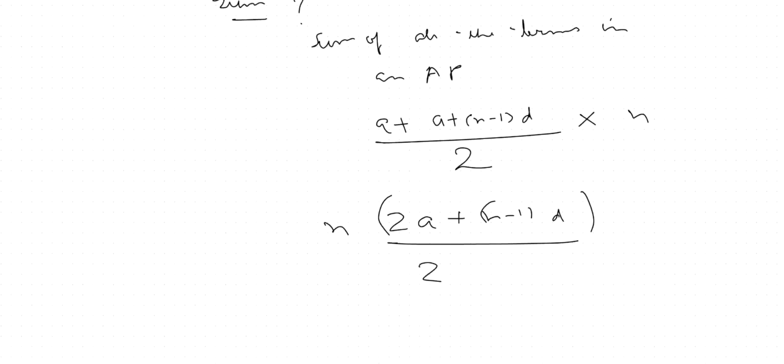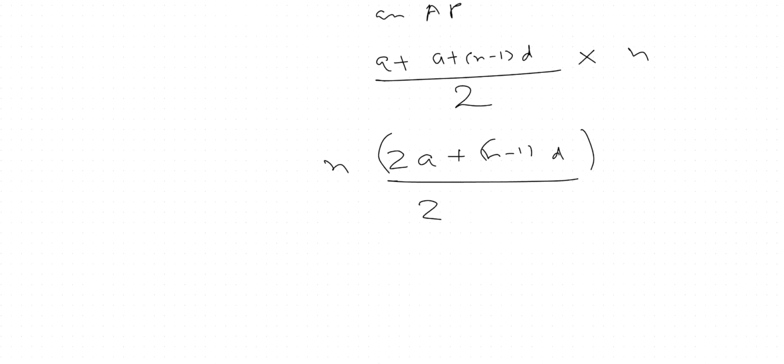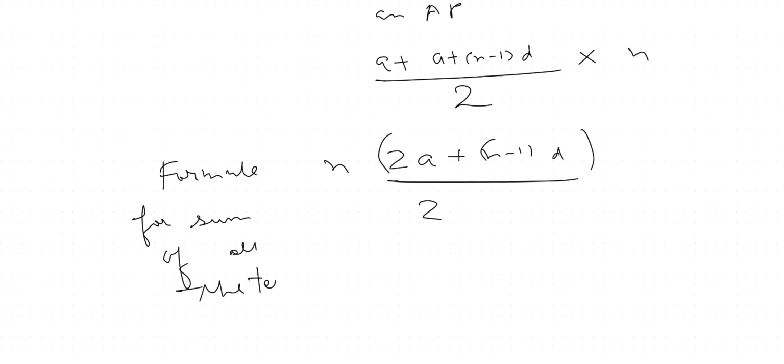तो ये is the formula for the sum of all the terms. ठीक है. I would request you please note down this formula. It's a formula that is useful for figuring out the sum of all the terms in the case of an AP. Very useful formula.